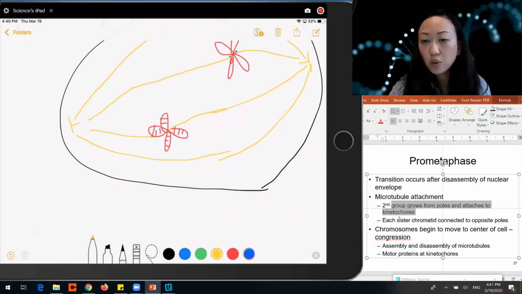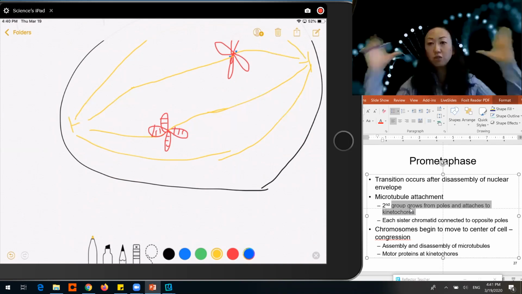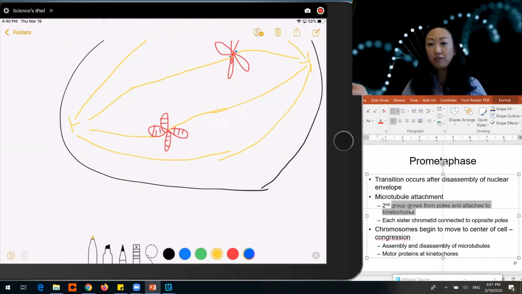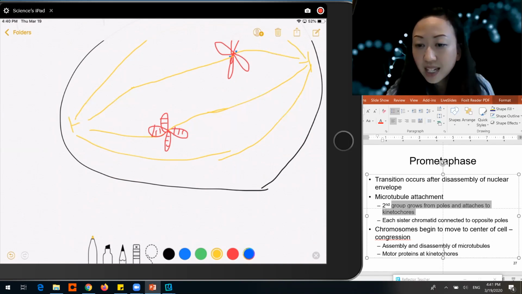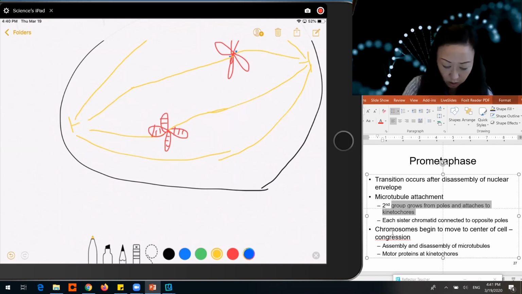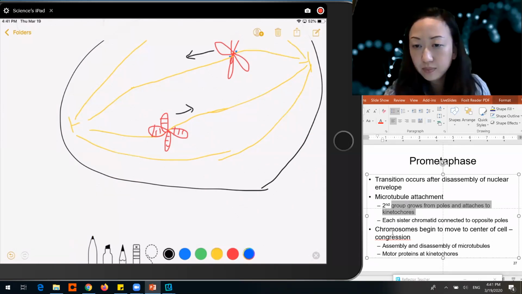So prometaphase is when the envelope is actually gone and the spindle fibers begin to reach out and latch onto the chromosomes, and the chromosomes actually begin moving towards the middle. That's prometaphase.